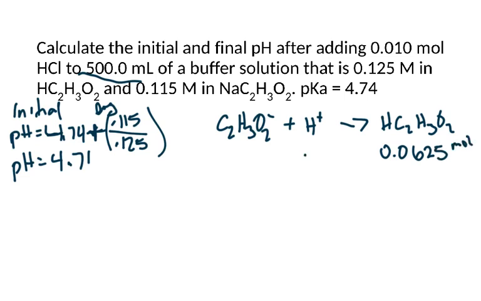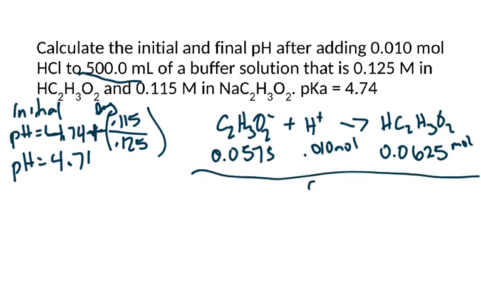We're told we have 0.010 moles of H plus, and then our acetate is 0.115 times our 0.5 liters, which gets me 0.0575. Then if I fully react that to get my excess H plus down to 0, now I'm going to have 0.0725 and 0.0475.